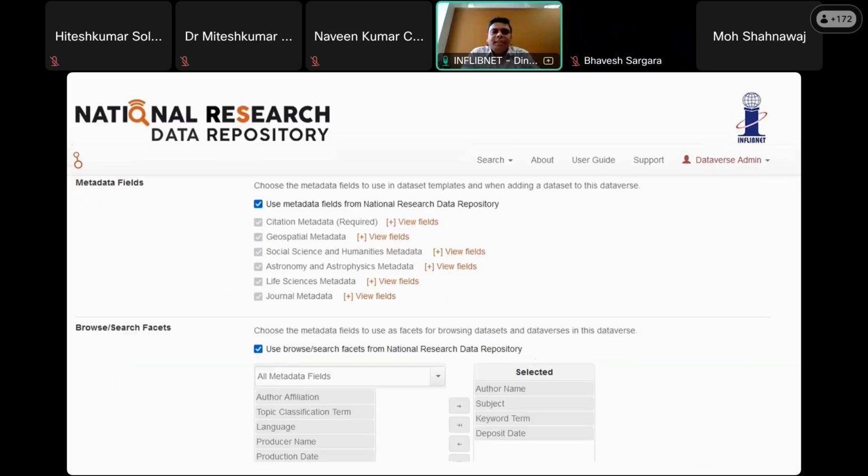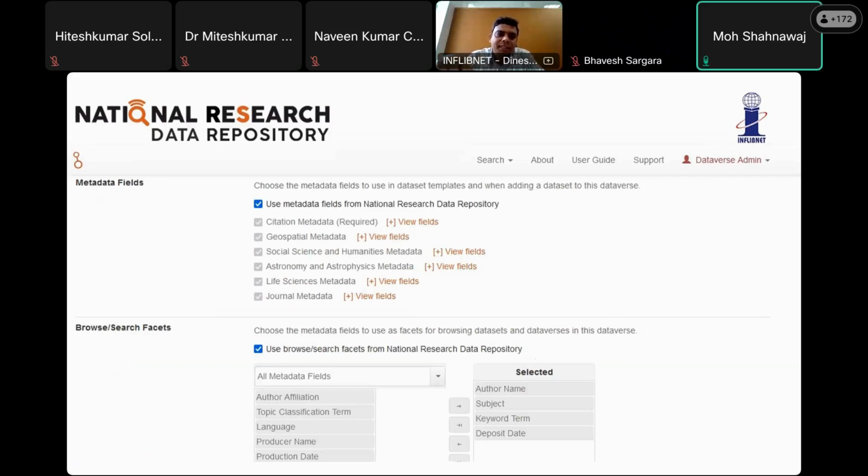Now, once they create the sub dataverse, there will be an option for what metadata fields, or what specific data, they want to upload in that dataverse instance, or their specific sub collection.